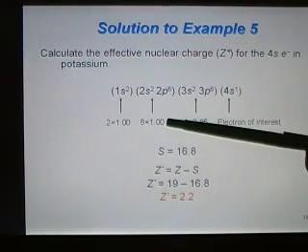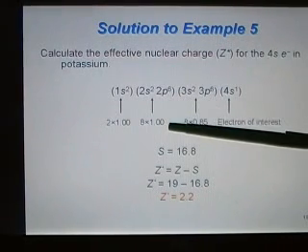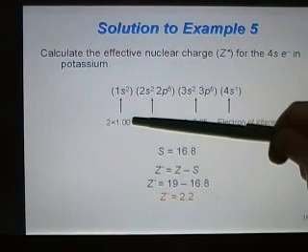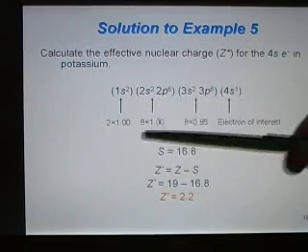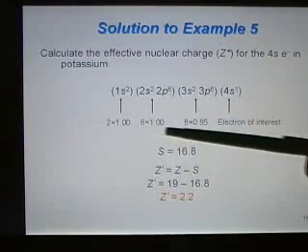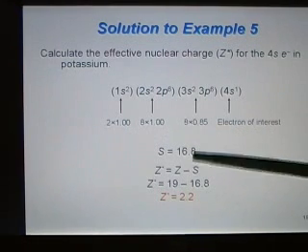So the 8 electrons in the 2s and 2p each contribute 1 to the shielding, and the 2 1s electrons each contribute 1 to the shielding. If you multiply these and add their results together, the shielding should be 16.8.